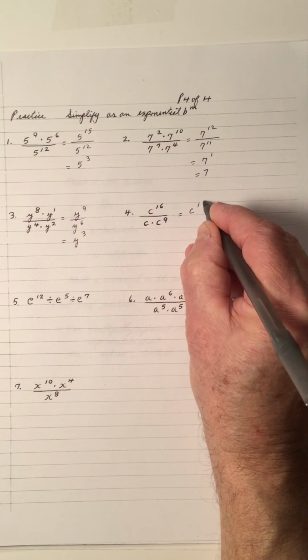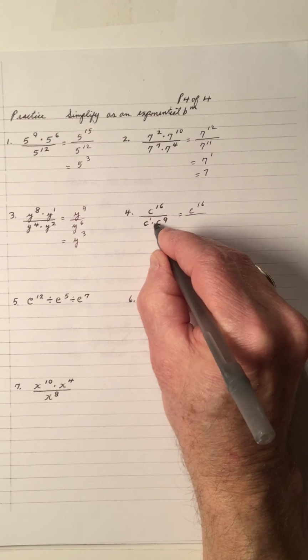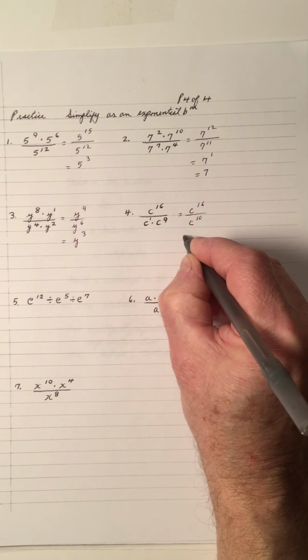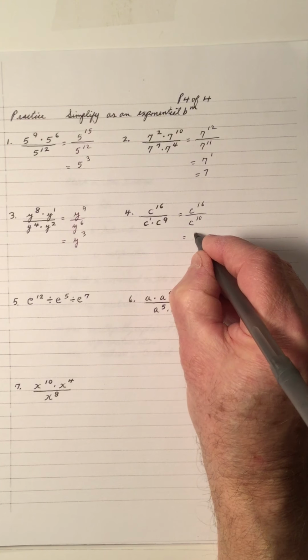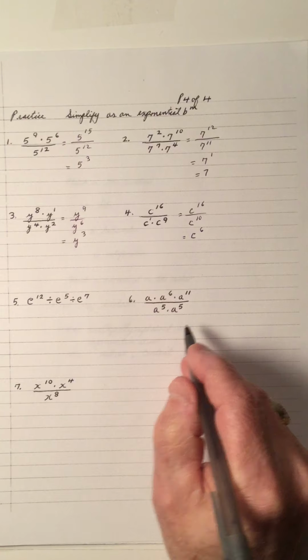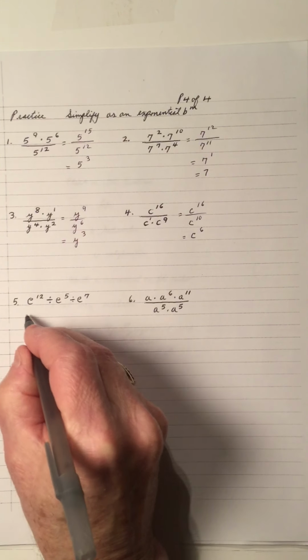And c to the 16, we simplify the bottom, that's a 1. And because we're multiplying like bases c, we add. And because we have same bases c, we subtract. We divide, 6. Number 5, E, same base.